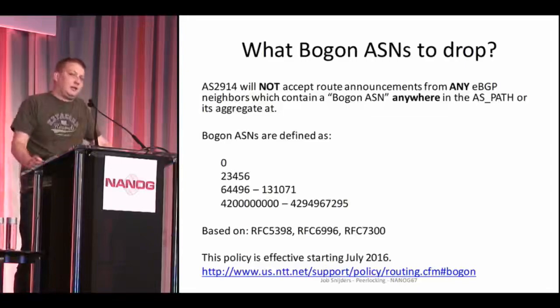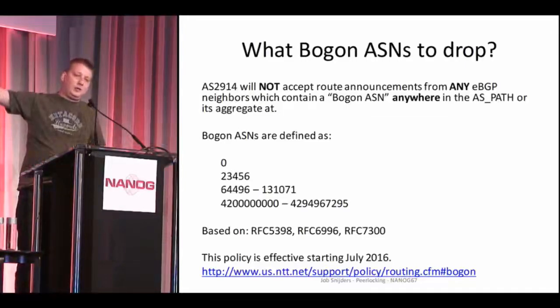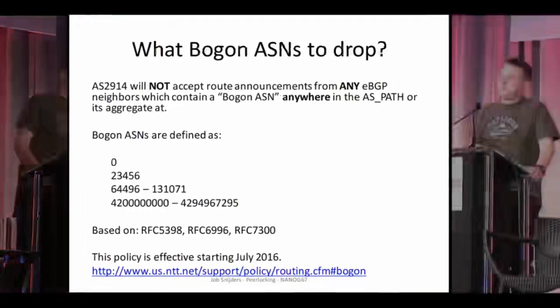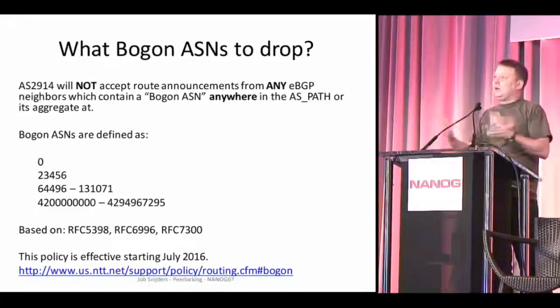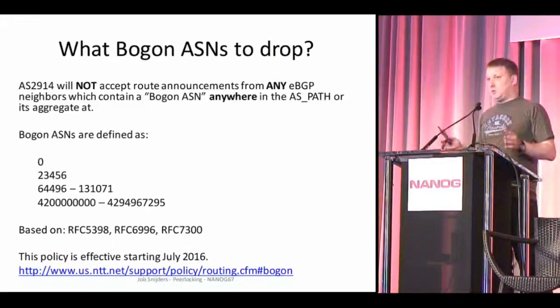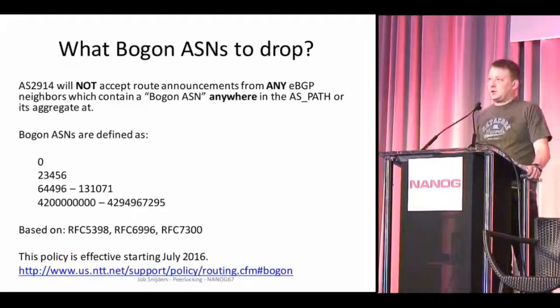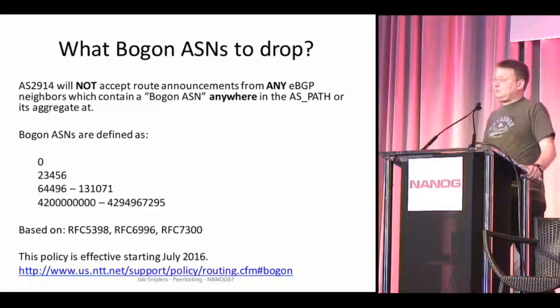But when the 4-byte private ASNs, 4,200,000,000 up to some other number, were introduced, I think a lot of people overlooked that they were now private ASNs. A lot of people do a bogon ASN filter in some form. What I'm encouraging people to do is to use this specific list, because this list is now up to date and appropriate according to IETF standards. I've been concerned when I've seen people advocate using built-in vendor knobs, because once such specifications change, you will not be tracking reality. So yes, I agree. Thank you very much.